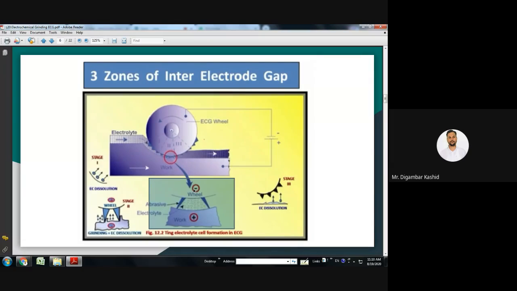So mechanical abrasion plus electrochemical dissolution will remove the material. So I repeat, in the case of electrochemical grinding, 90% removal of the material will take place due to electrochemical dissolution, and 10% of the material removal from your workpiece takes place due to mechanical abrasion.